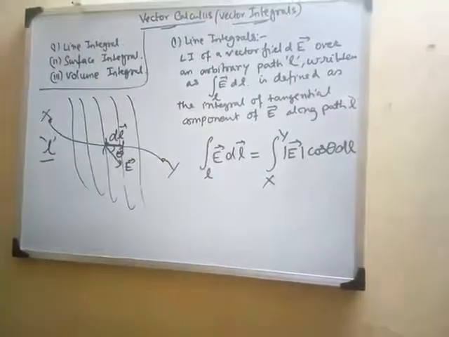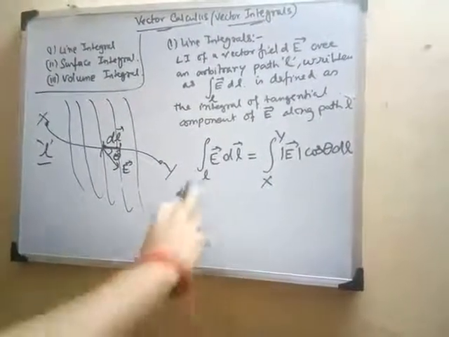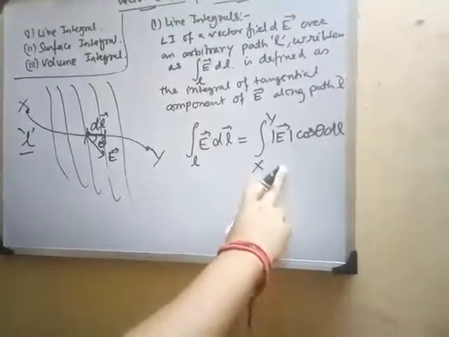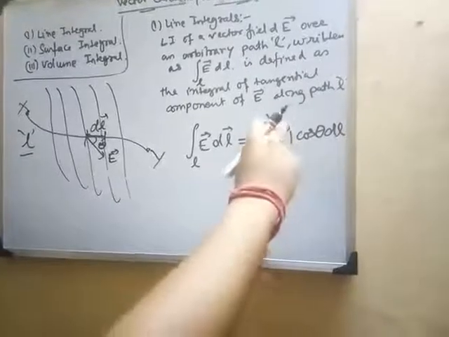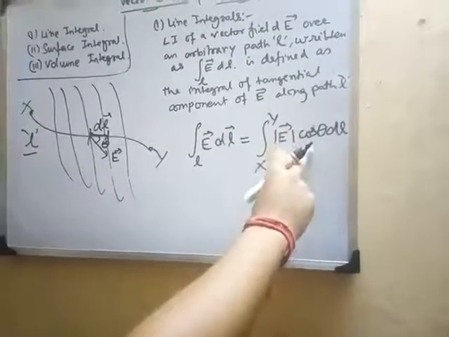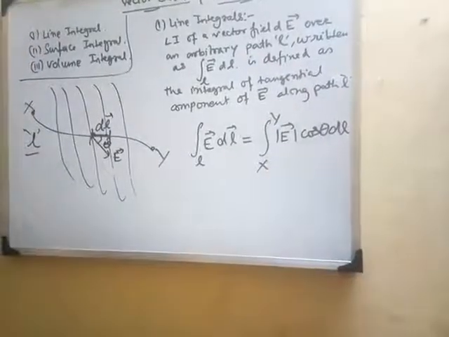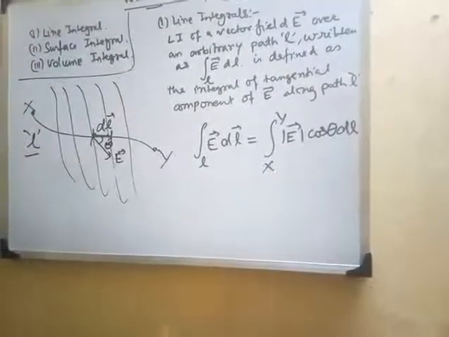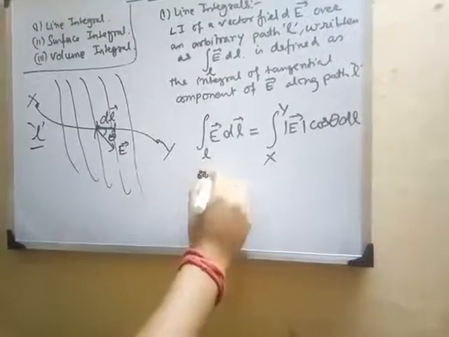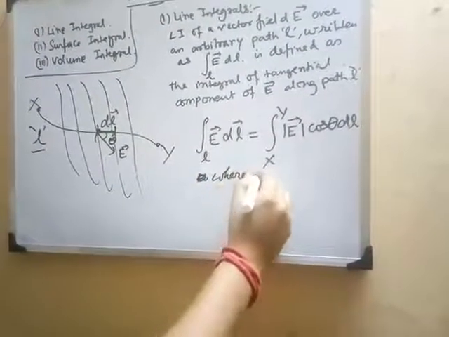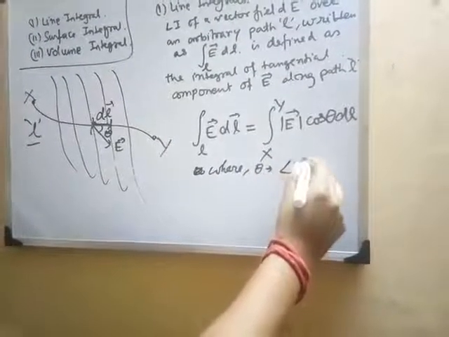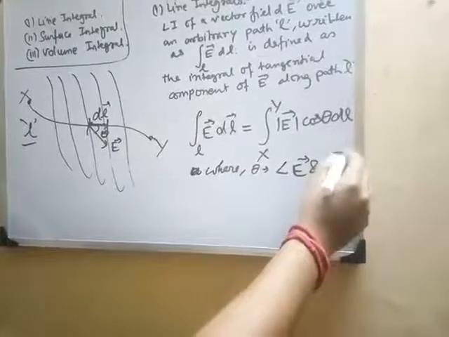So we will represent the line integral of vector E dl as equal to the magnitude of that particular vector multiplied by cos theta, right? This is the representation of the line integral, where theta is the angle between E vector and dl vector.